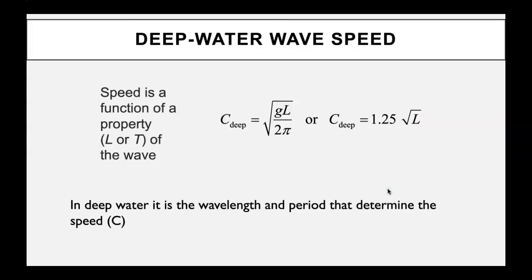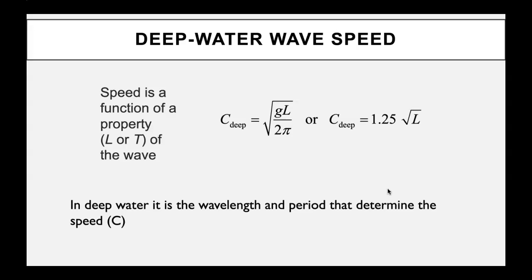All right, we can calculate speed or celerity here. It's a function of a property, the length or the period of the wave. So here's the equation. C, that speed, equals the square root of g times L, the wavelength, divided by 2 times pi.